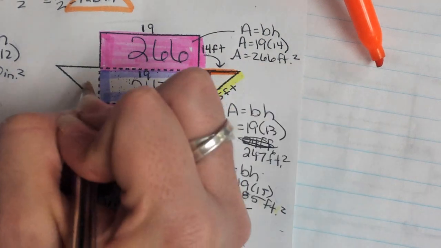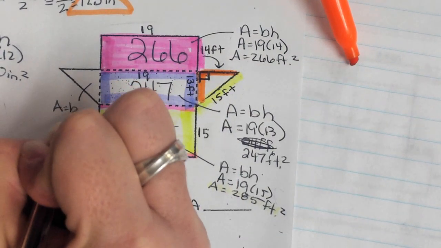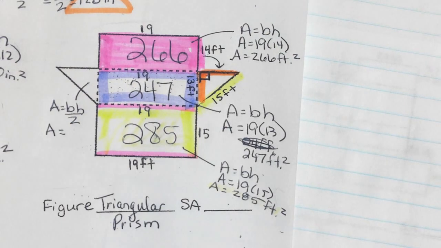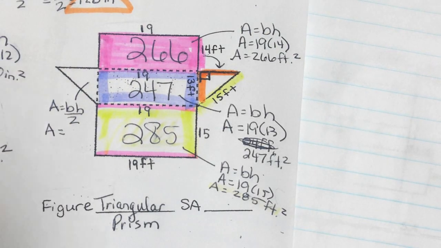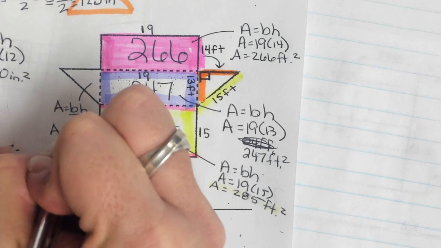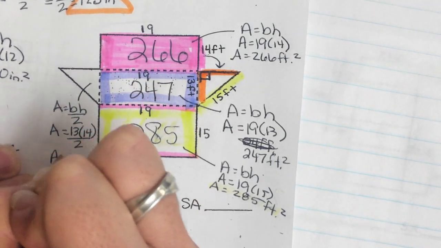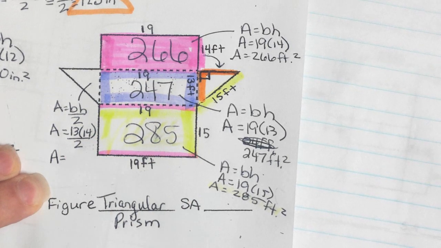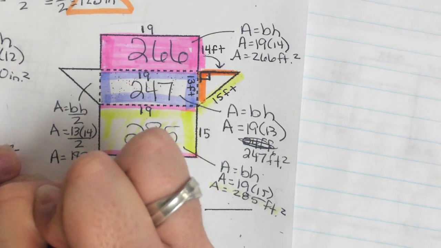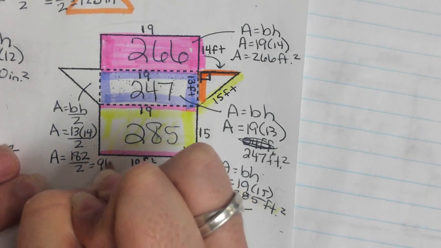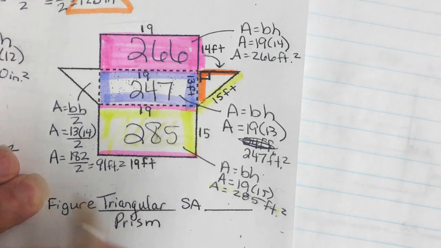So these triangles are basically 13 times 14 divided by 2. Which is 182 divided by 2, 91 feet squared.